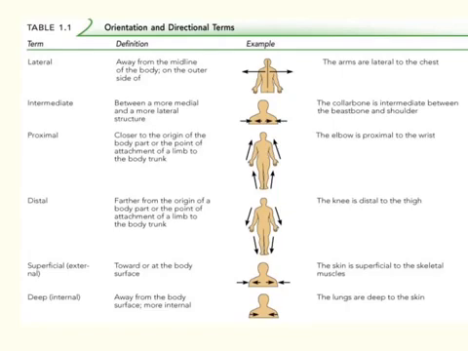Now, when we work with proximal and distal, we are usually talking about the extremities, so we are working with the arms and the legs, and again, the trunk, which would be the shoulder or the hips, would be the point of attachment. So proximal means closest to the point of attachment, distal means further from the point of attachment. We'll go over some examples of each of these in just a moment.